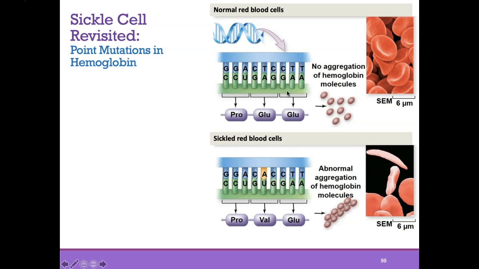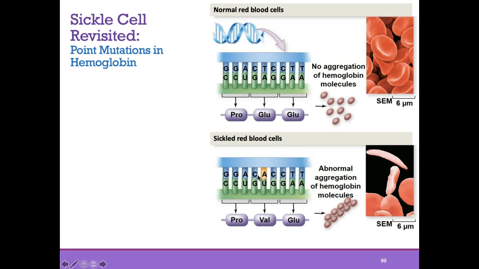And the 6th codon is usually GAG, which encodes for a glutamic acid amino acid. So the DNA would usually have CTC, and that would encode for the amino acid or the codon GAG, which would be the amino acid glutamic acid.